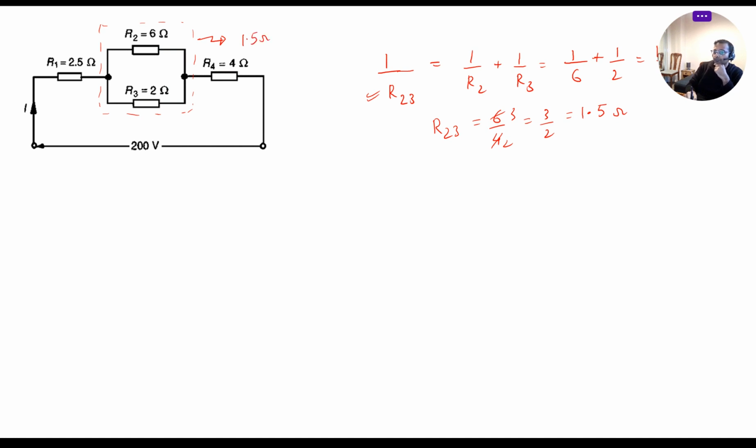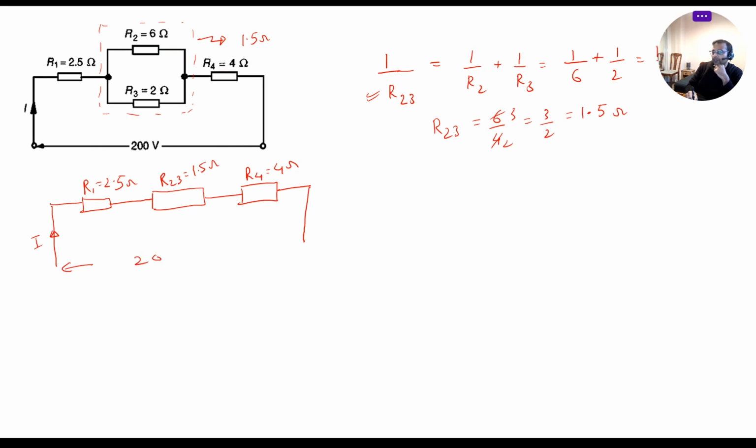So instead of having two parallel connected resistors, I can replace them by its equivalent value R23, which is 1.5 ohms, like that. Now, if you see the circuit, all the resistances are now connected in series, isn't it?